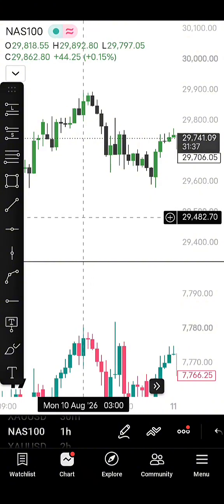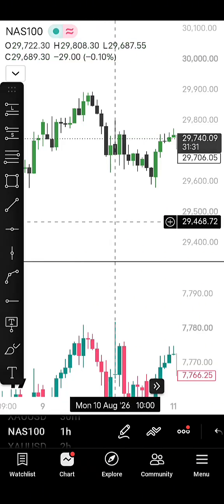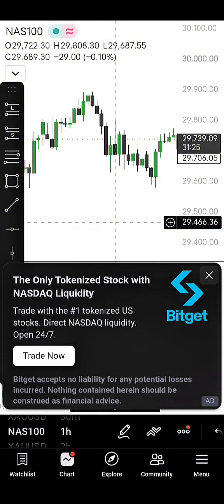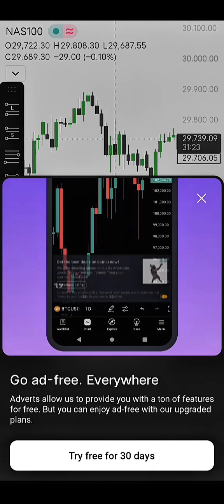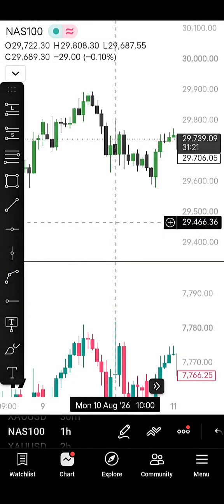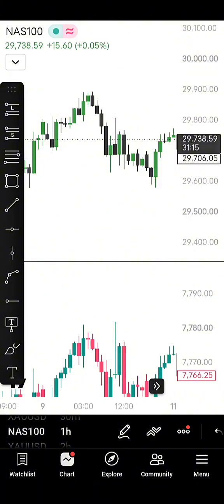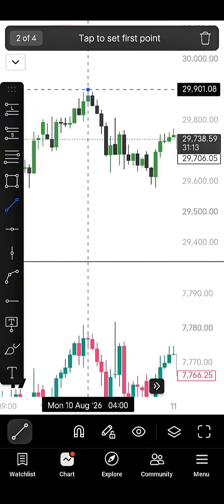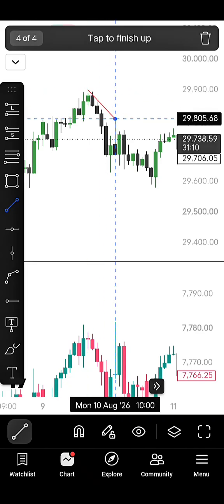The 3 a.m. candle created a high on both pairs, but note the 10 a.m. candle. In gold, this 10 a.m. candle created a lower high, but in the S&P 500 chart, the 10 a.m. candle created a higher high. So this is a decoupled movement for the market, and this will be your SMT zone.